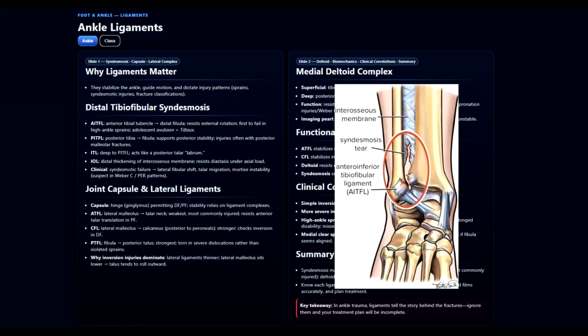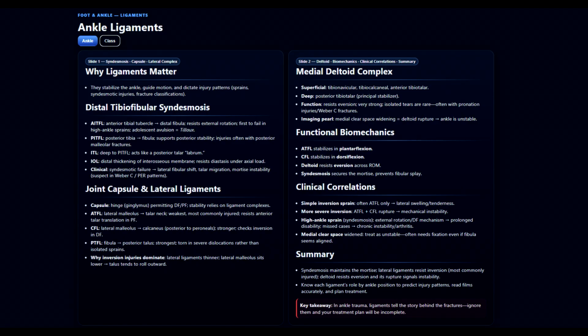At the highest level, we must begin with the distal tibiofibular syndesmosis. This is not a single ligament, but rather a complex of 4 major structures that stabilize the distal tibia and fibula around the talus, forming the ankle mortise.